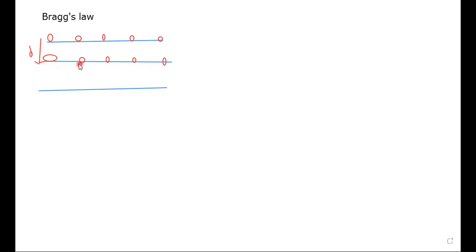Every atom acts as an opaque point, and the distance between the two atoms is transparent. Now, which type of radiation is to be used to identify the structure and produce the diffraction pattern?